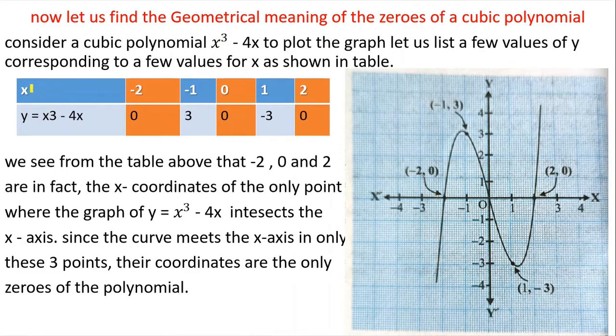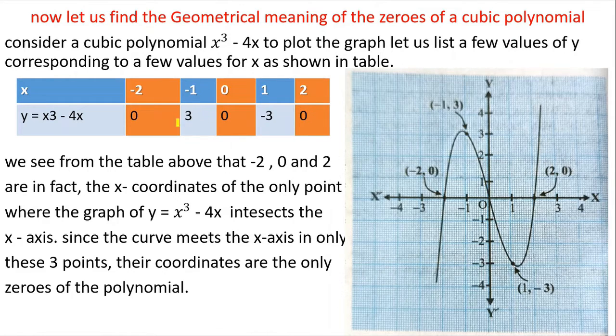So, I am taking the x value as minus 2, and if I substitute x equal to minus 2 in y equals x cube minus 4x, I get y as 0. Similarly, if x is minus 1, then y becomes 3. If x is 0, then y becomes 0. If x is 1, then y becomes minus 3. If x is 2, then y becomes 0.